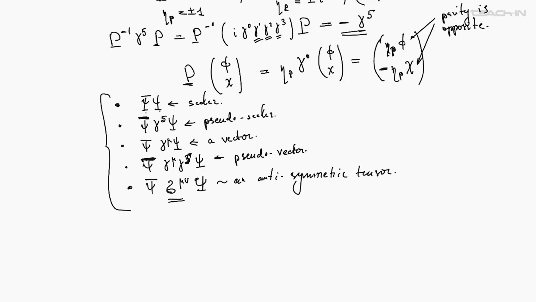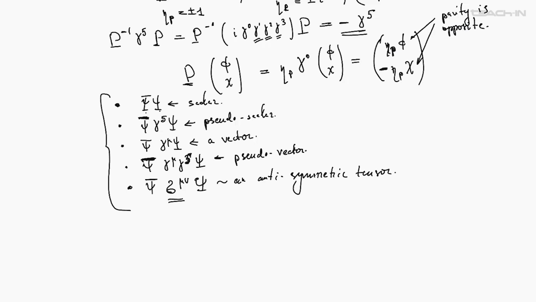For instance, psi bar psi made out of your spinors will be a scalar. Psi bar gamma 5 psi will be a pseudoscalar, an object which changes the sign under the reflection of the coordinate axes. Psi bar gamma mu psi will be a vector, also an object which will change the sign under reflection of the coordinate axes.